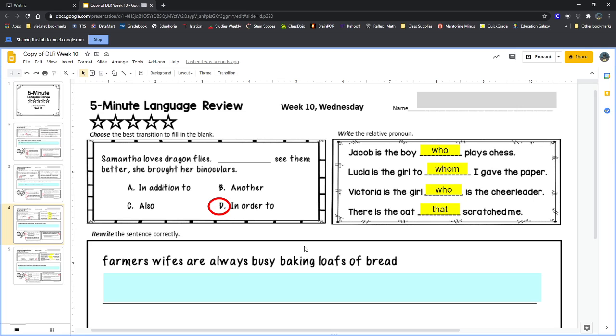What about my sentence? I need to find all the mistakes I can. Farmers' wives are busy baking loaves of bread. There's a few mistakes in this one. Who thinks they can find one mistake from Jada? What's one mistake?